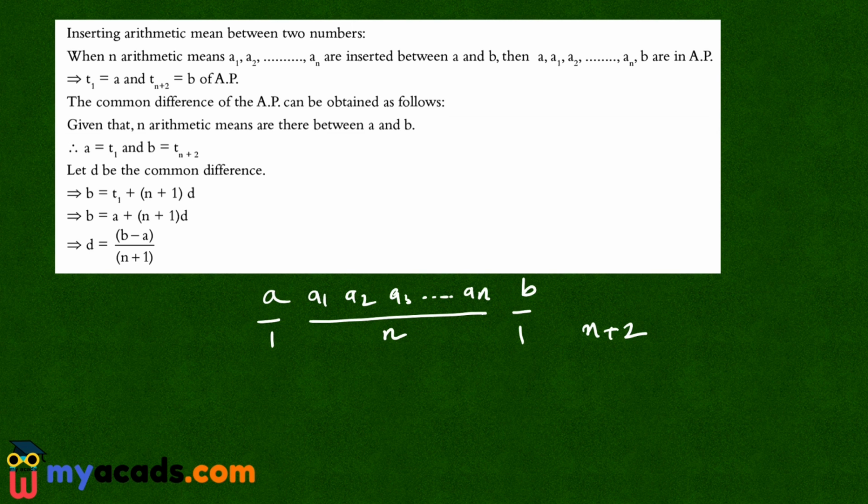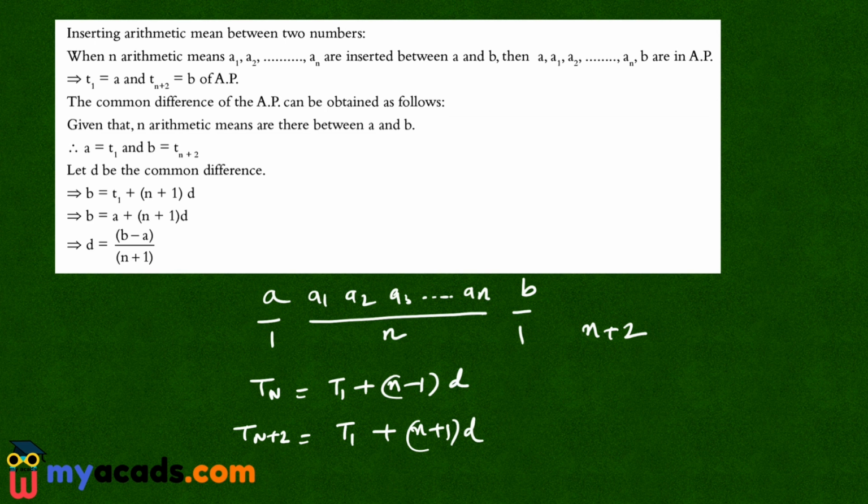Now I know that in an AP my nth term Tn is T1 plus (n minus 1) into the common difference d. So here my T(n plus 2) term is T1 plus, I will put n plus 2 instead of n, so I will get (n plus 1) into d.